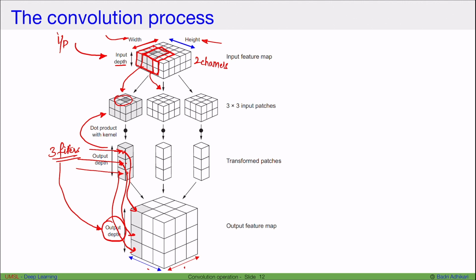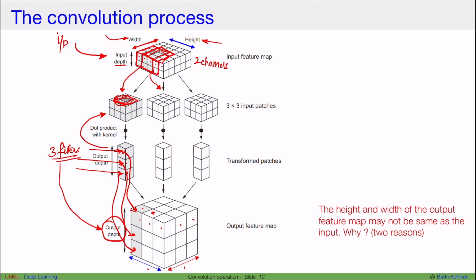So in this case, if my input is 5 by 5, the output I get is 3 by 3, because the first multiplication with my dot product, these 3 by 3 values squeeze into one value. The next 3 by 3 squeeze into another value, and so on. Now, one question that you may ask is why the height and width of the output feature map may not be the same as the input.